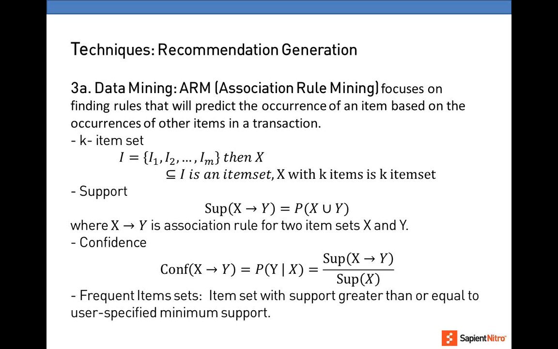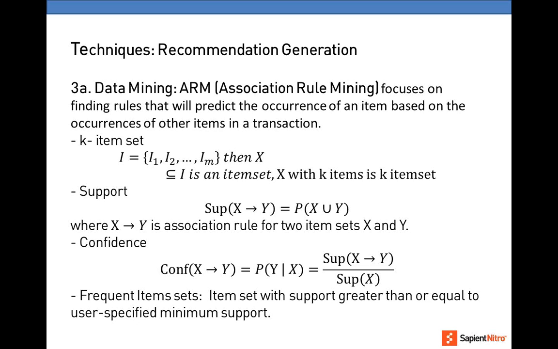To really understand the data mining part, I would like to introduce a few terms before I talk about how this works. Let's say I is our inventory, where we have multiple items from I1 to IM, and then we have a subset X with K items in it. That subset with K items can be called a K-item set. Then we have support.